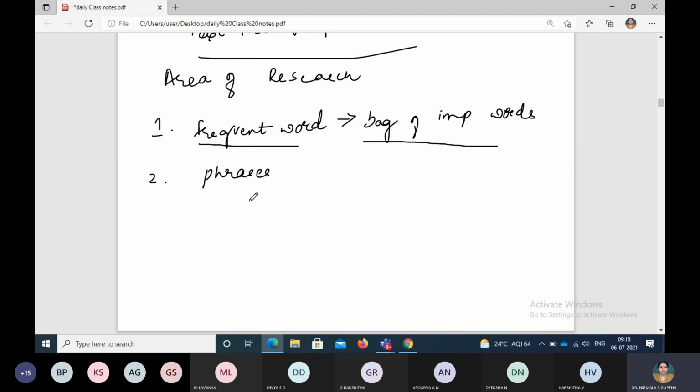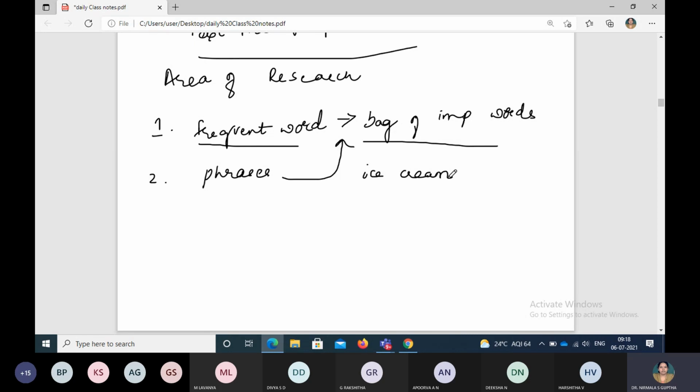Meaningful phrases. These meaningful phrases we are trying to identify from the bag of important words, which we achieved in the first level. For example, if I say ice cream, say there is a word ice cream which has been considered an important word, and in the first level we have put it in a bag.